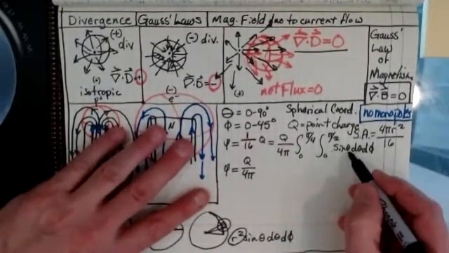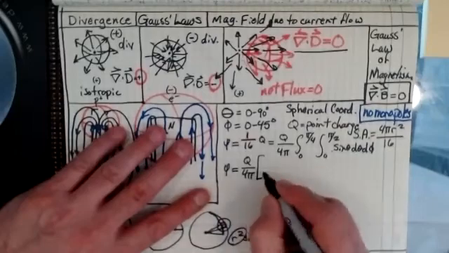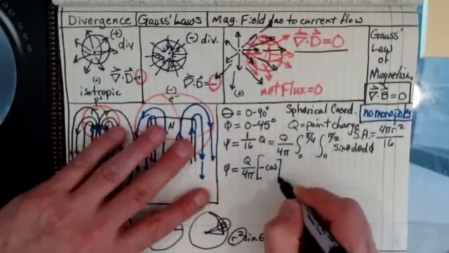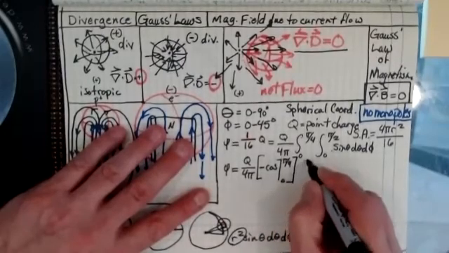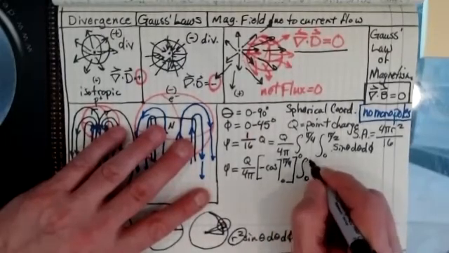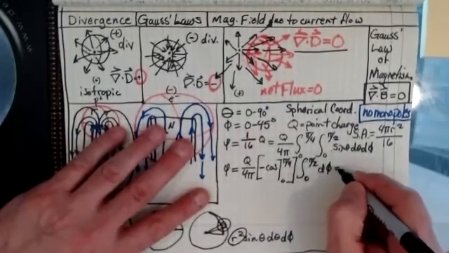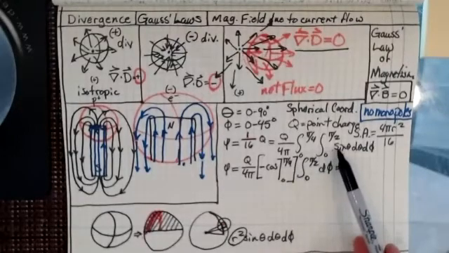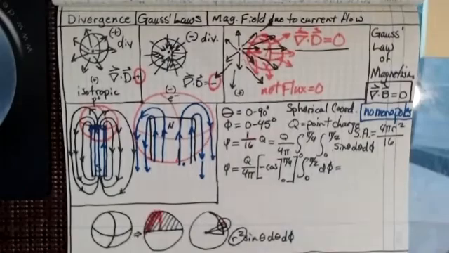If I've got sine theta d theta, the integral of that is minus cosine. So let's put that up there. I want to evaluate that minus cosine between pi over 4 and 0, right? I still have the integral from 0 to pi over 2 for d phi, and I'll do that in just a second. Now, pi over 4 is 90 degrees. Oh, wait, that's not pi over 4, that's pi over 2.